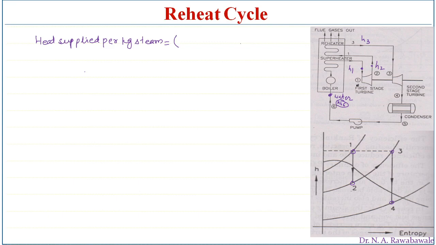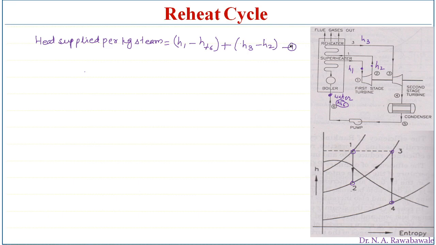Between 6 to 1, enthalpy at 1 minus enthalpy at 6. The condition of the working substance at point 6 is water, so we write HF6. And again heat is supplied between point 2 to 3, which means H3 minus H2. This total heat supplied per kg is given by equation number 1.